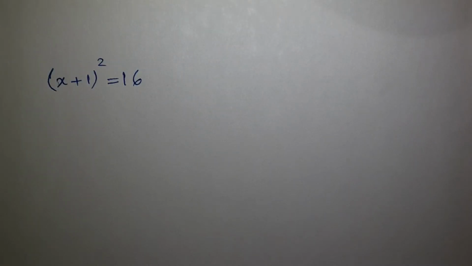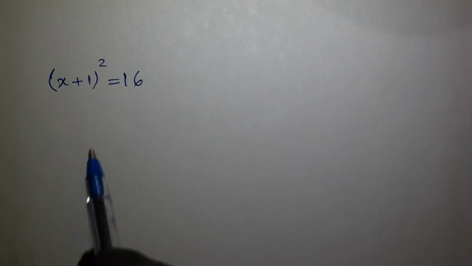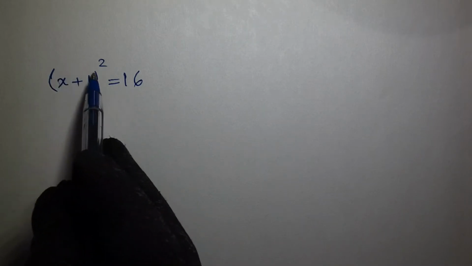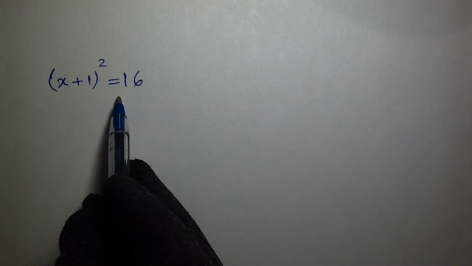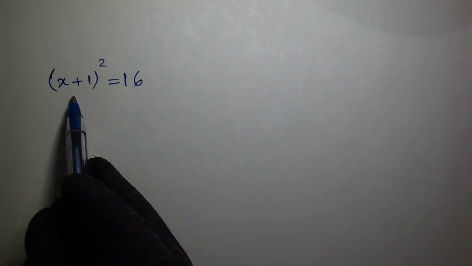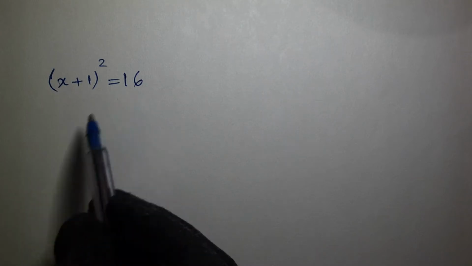This is another example from your notebook. Again, the question asks you to solve this equation: x plus 1 squared equals 16. You see one side is a parenthesis squared, and it equals a number. We can use the square root property and take the square root of both sides.